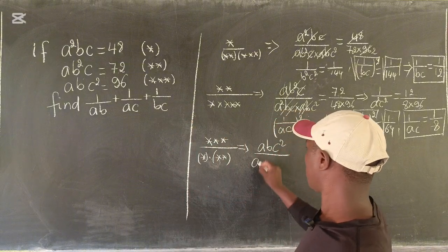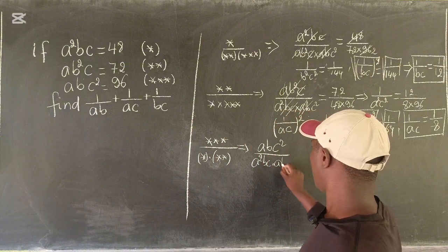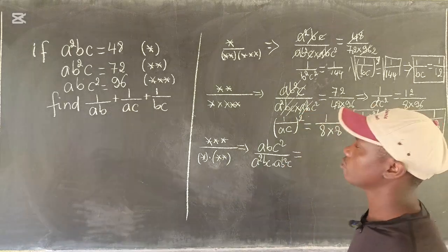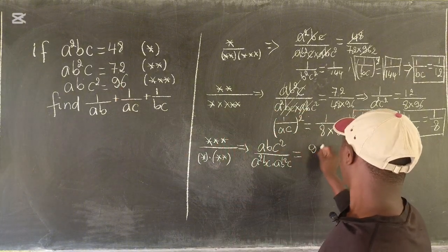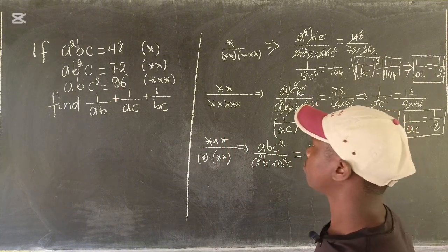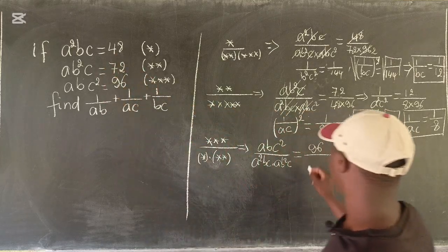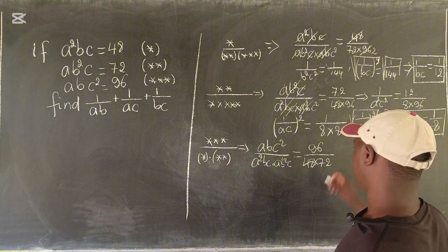Here is a squared bc times a b squared c, and this is equal to 96 over 48 times 72.